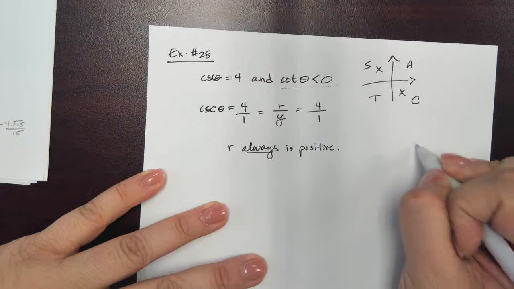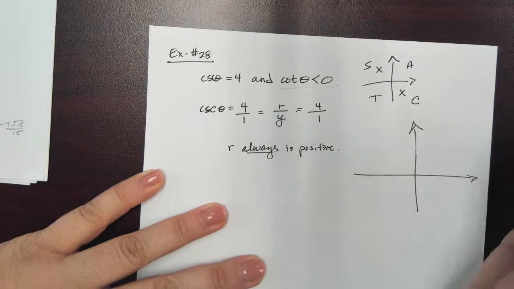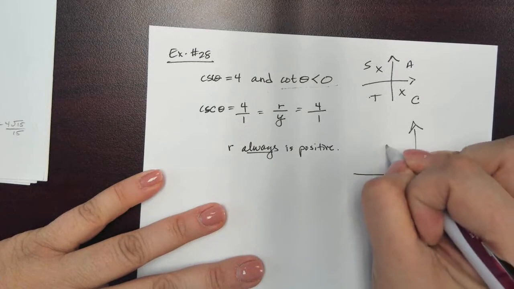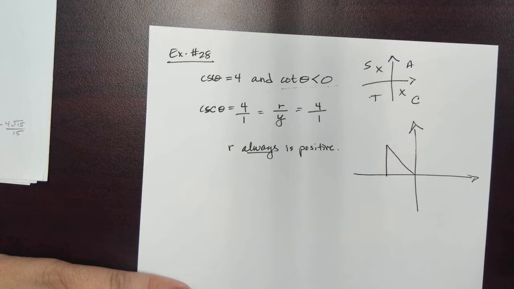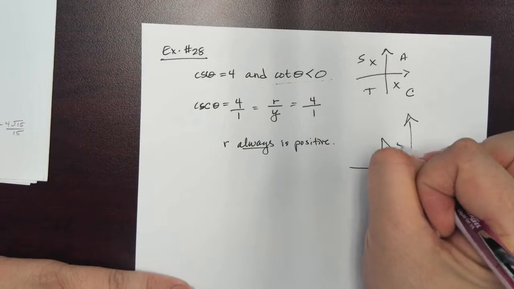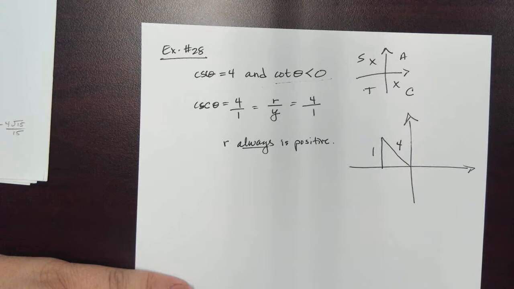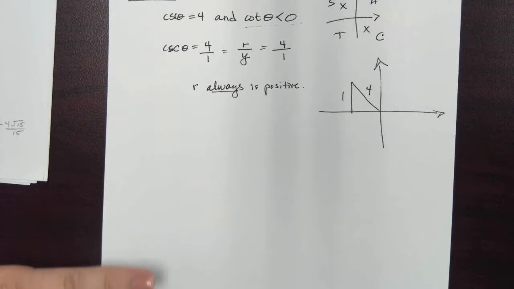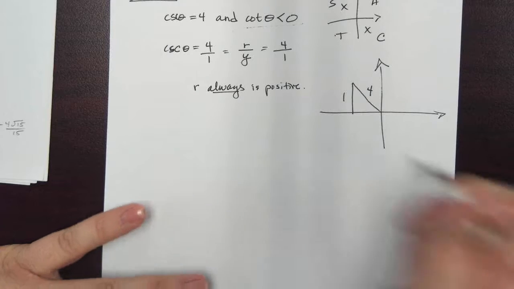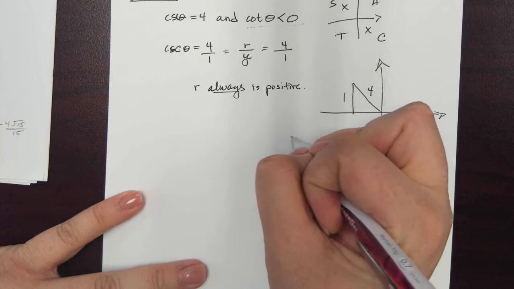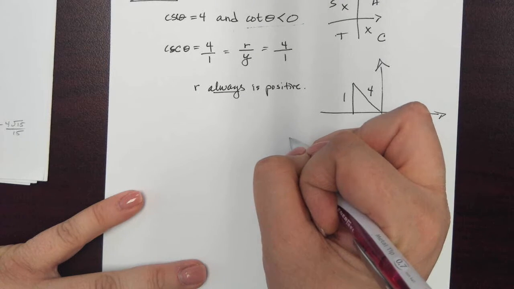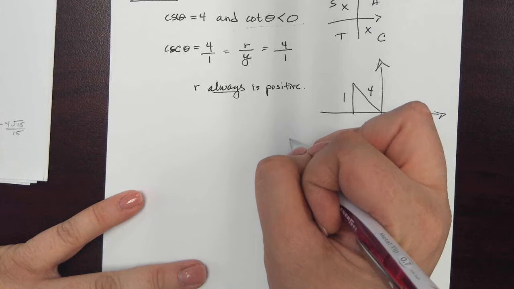So let's draw our triangle. I know that I am in quadrant 2. My radius is 4. My y is a positive 1. What does my x value have to be? It's going to be square root 15, but it has to be negative.